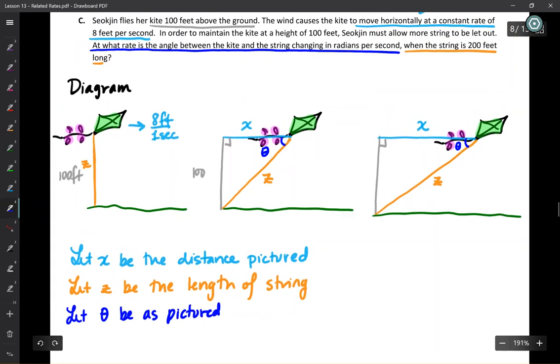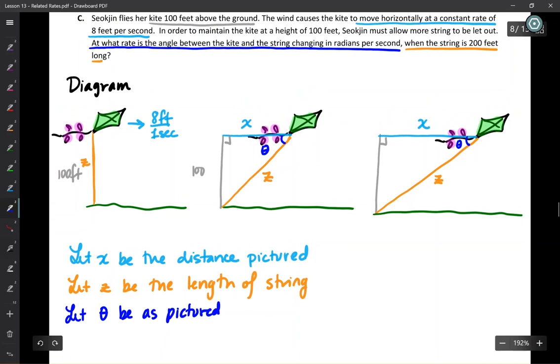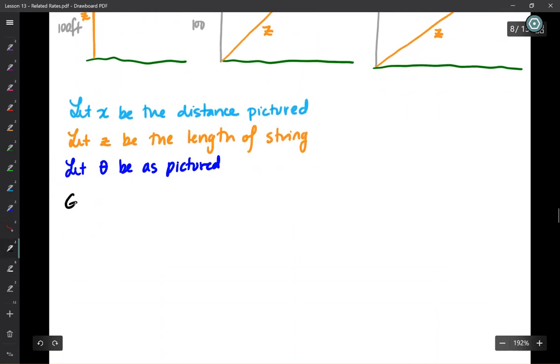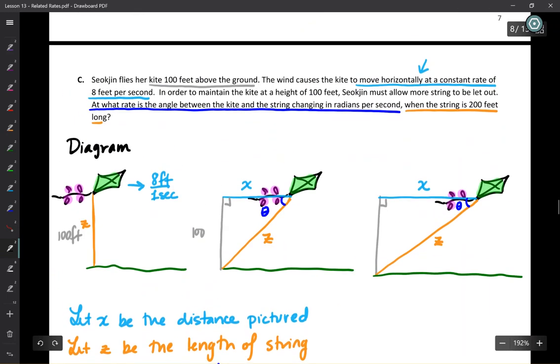Okay, so there's my diagram. And now we're going to figure out what the givens and the unknowns are. So what they gave me, this rate of change, that the kite is moving horizontally at a constant rate of 8 feet per second.